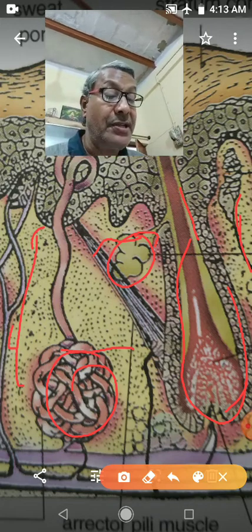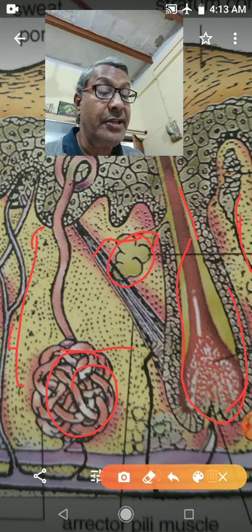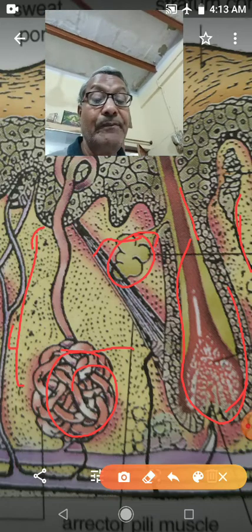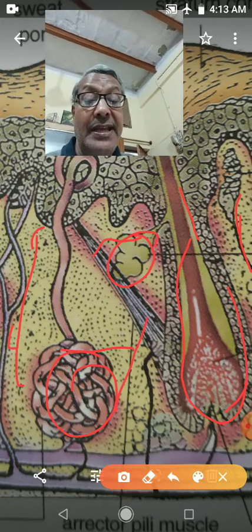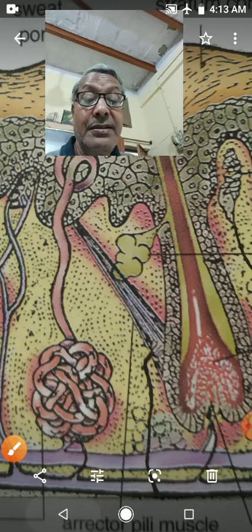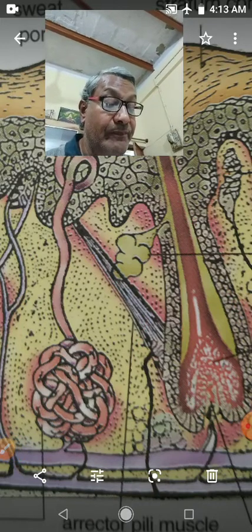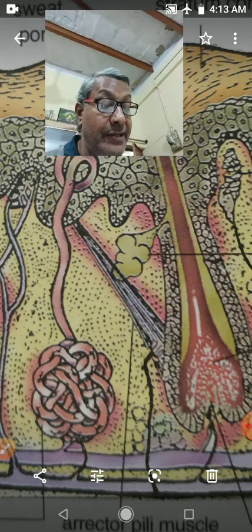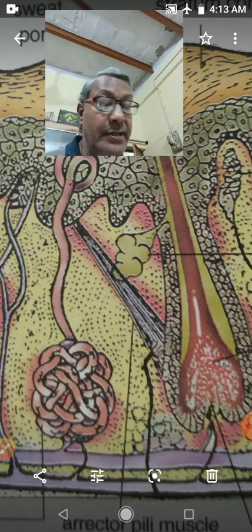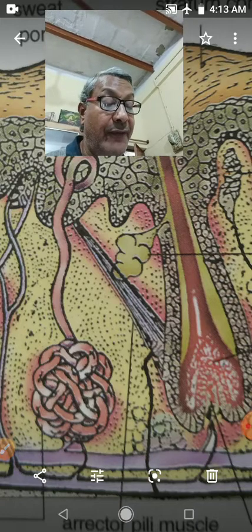All these are present in the dermis layer of skin. Just below the dermis layer, there is the subcutaneous fat layer, and this layer stores the fat. This subcutaneous fat, or adipose tissue, is made up of adipocytes. It stores the fat.